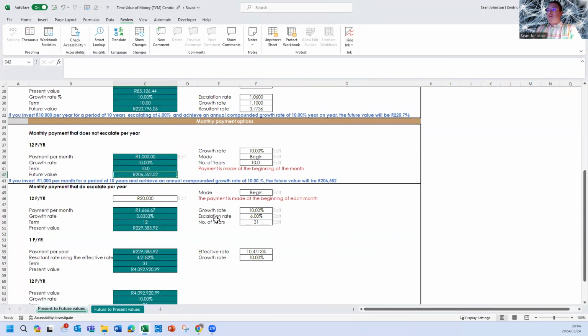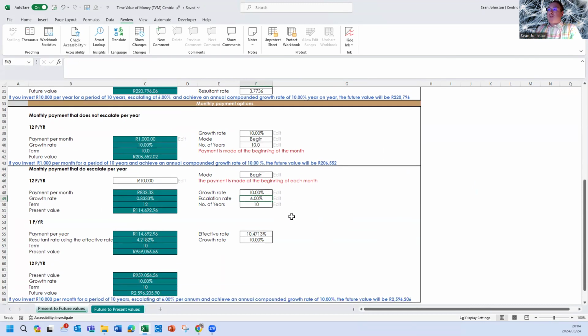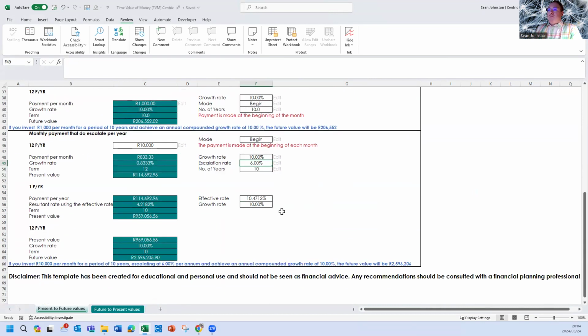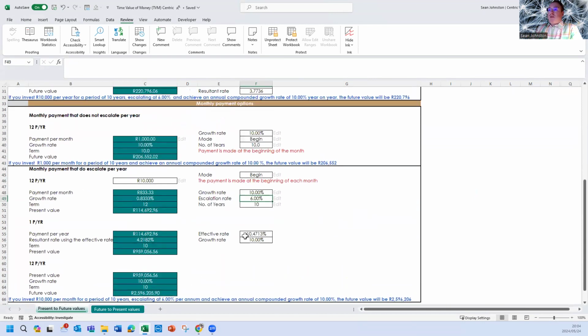So to do that, one can then do another calculation, put 1,000 Rand away, 10 years, 10% growth, but you're going to escalate the contributions by 6%. And by doing that, obviously you're going to have a much higher future value. Now, if I turn this off, here's the value again. Sorry, it's 1,000, apologies. 1,000 Rand without escalation.